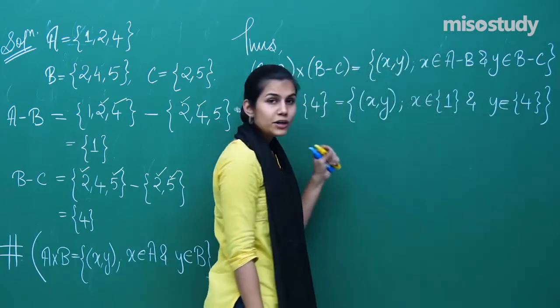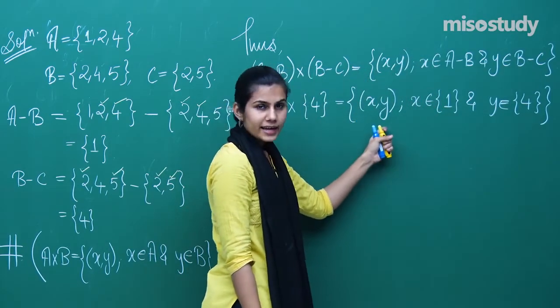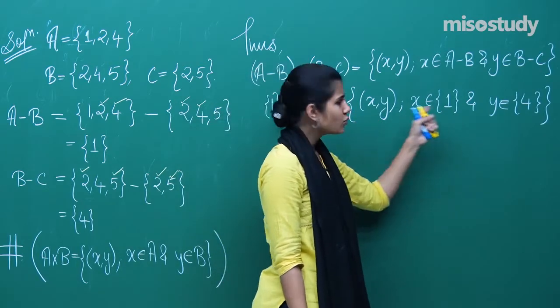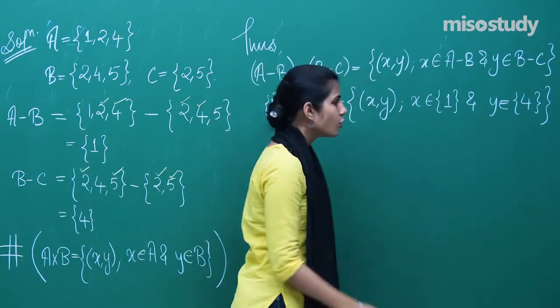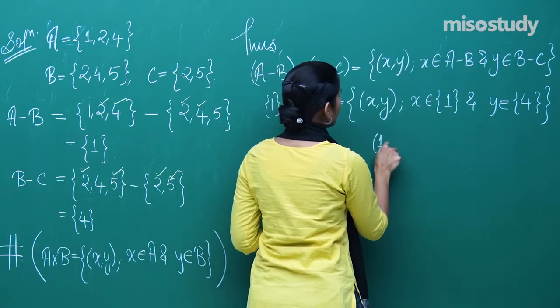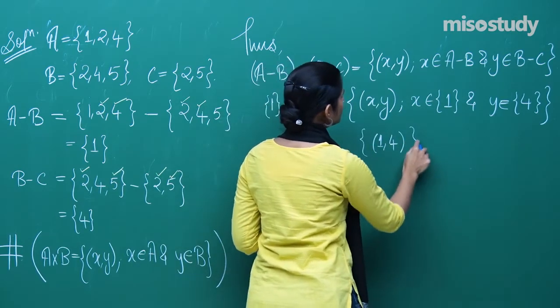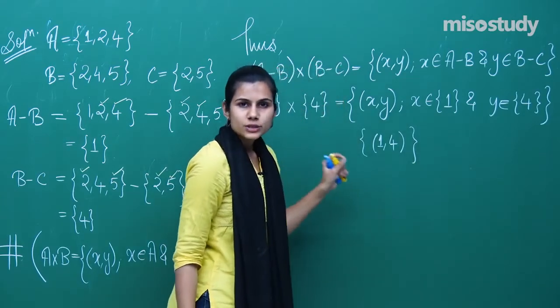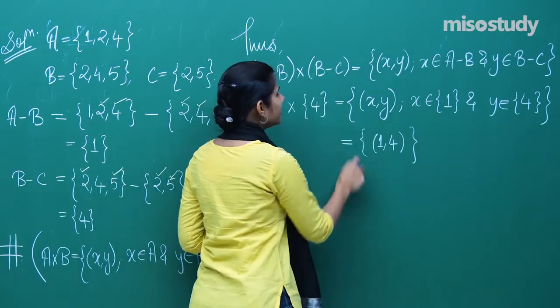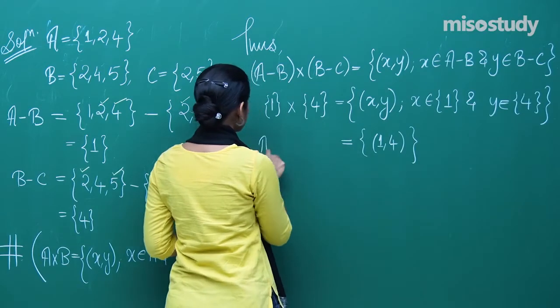Therefore, the only ordered pair (x, y) such that x belongs to singleton 1 and y belongs to singleton 4 is the ordered pair (1, 4). And therefore, this set is going to contain just this one ordered pair, and this is my set (A minus B) cross (B minus C).